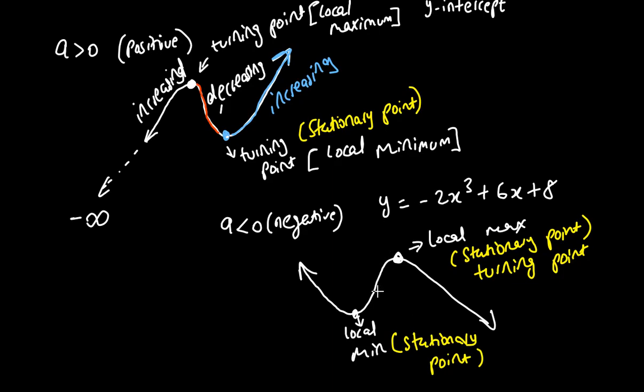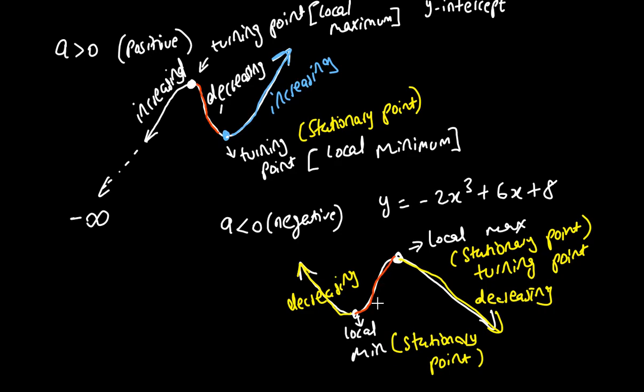Now, here the graph is decreasing, as you can see from this yellow part here. Same as on this yellow part here, the graph would be decreasing. But here the graph would be increasing on this part here.